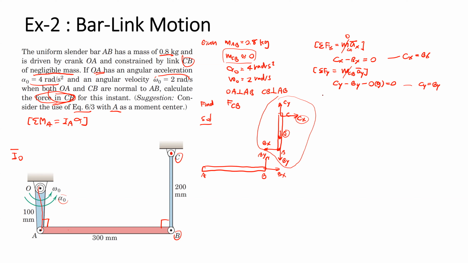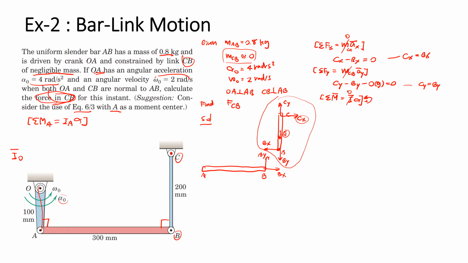And for the summation of moment about point G is equal to I bar alpha, but we neglect the mass of CB. So again, I will be 0.